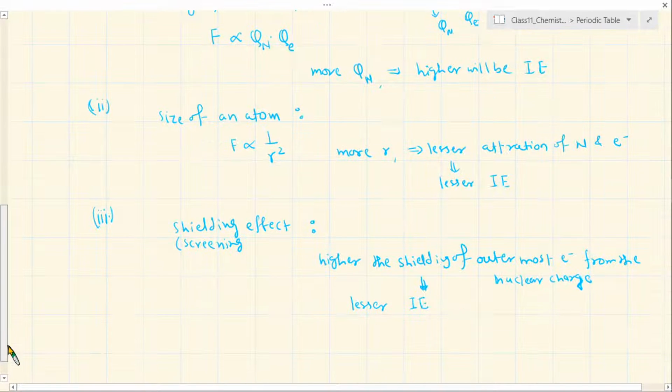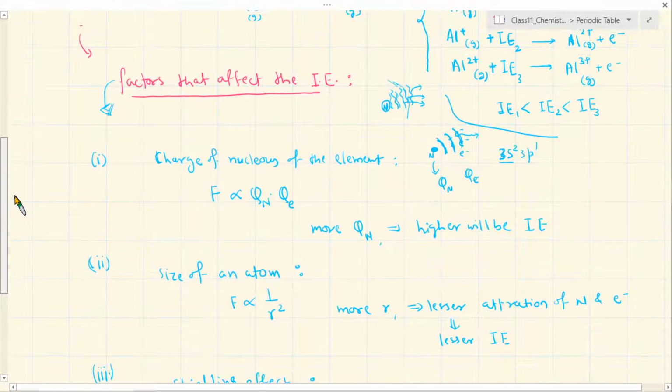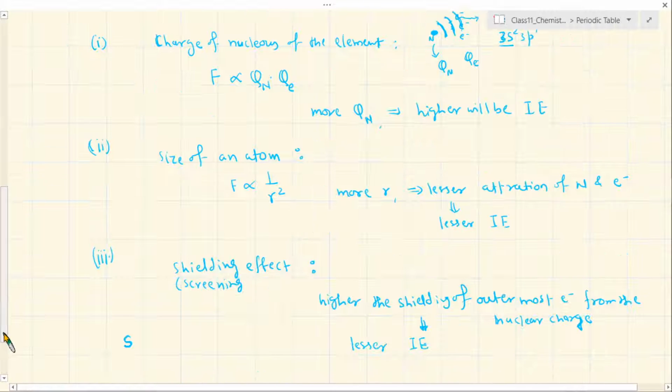Okay, this is clear. Now the thing is that here is a little bit of a catch that we have to see with respect to our model also. Suppose you have to talk about the shielding of an electron which is in the outermost orbital. Just like the case I was discussing here, 3s2 and 3p1. There are two types of orbital in the same shell here.